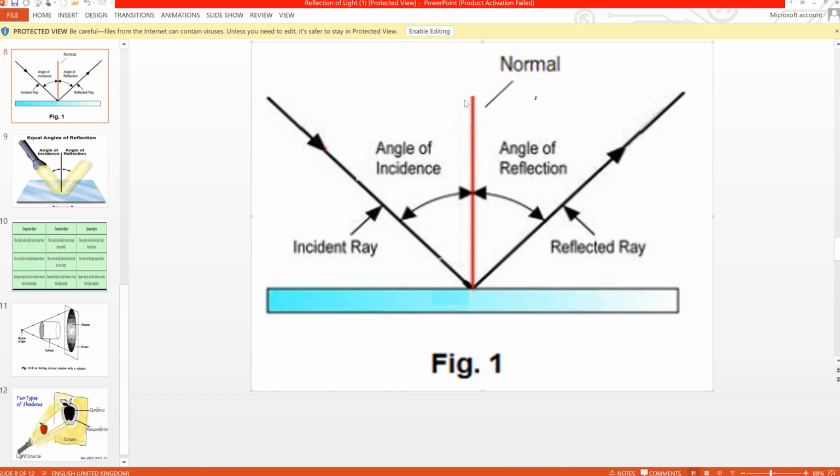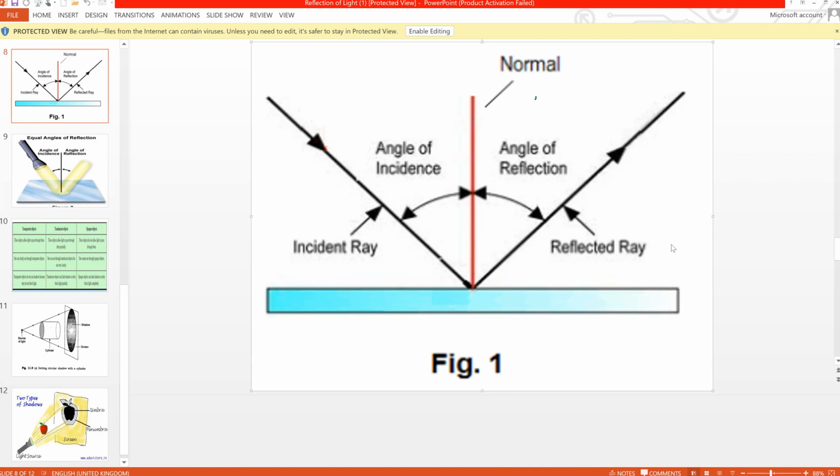I have drawn a red line perpendicular to the surface. The angle between the incident ray and this normal line is called the angle of incidence, and the angle between the reflected ray and this normal line is called the angle of reflection. So this is the reflection concept.